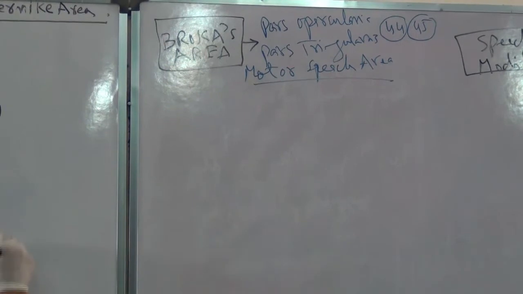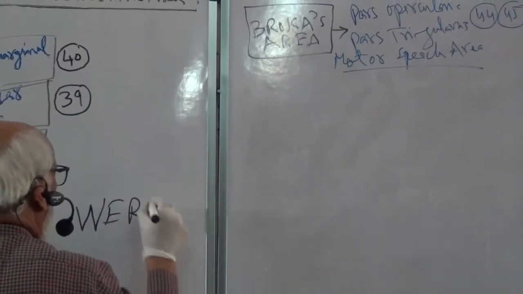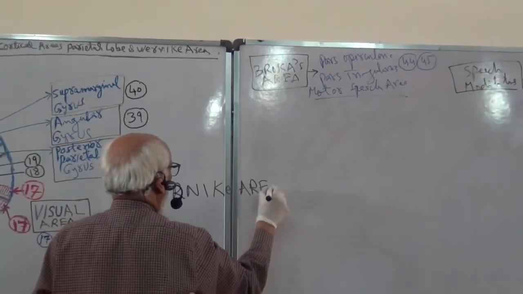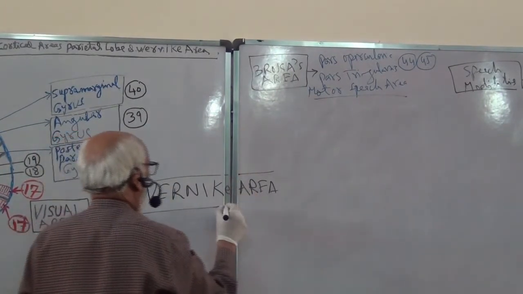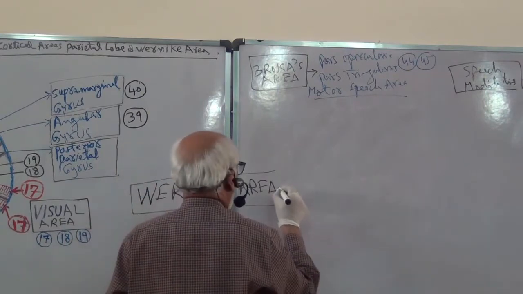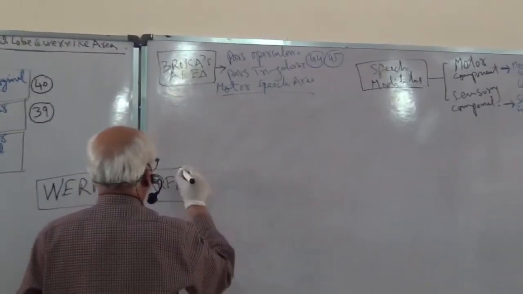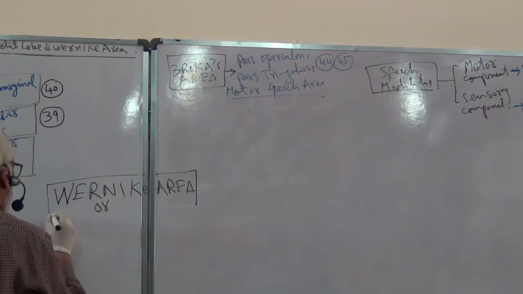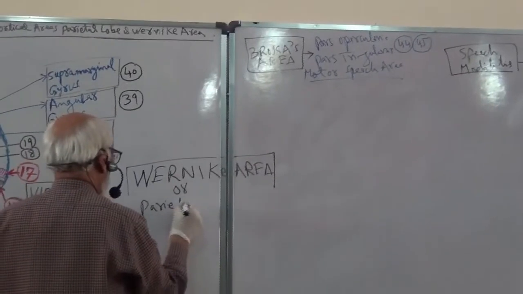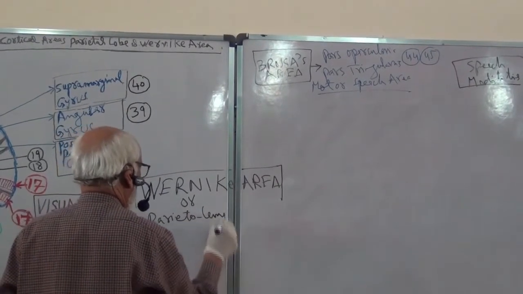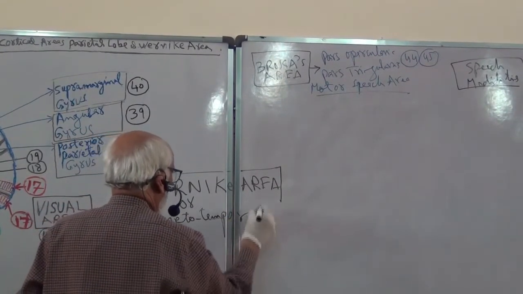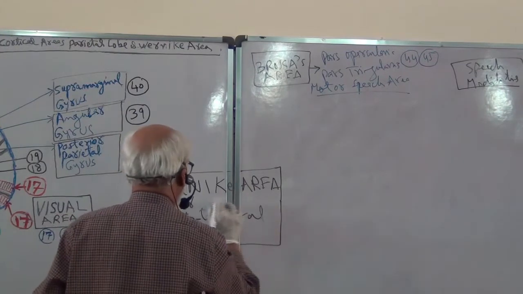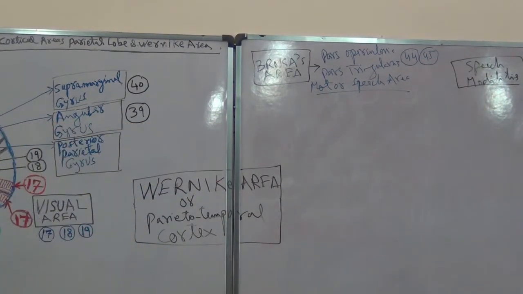Next is Wernicke's area. Parietal temporal area, parietal temporal cortex.